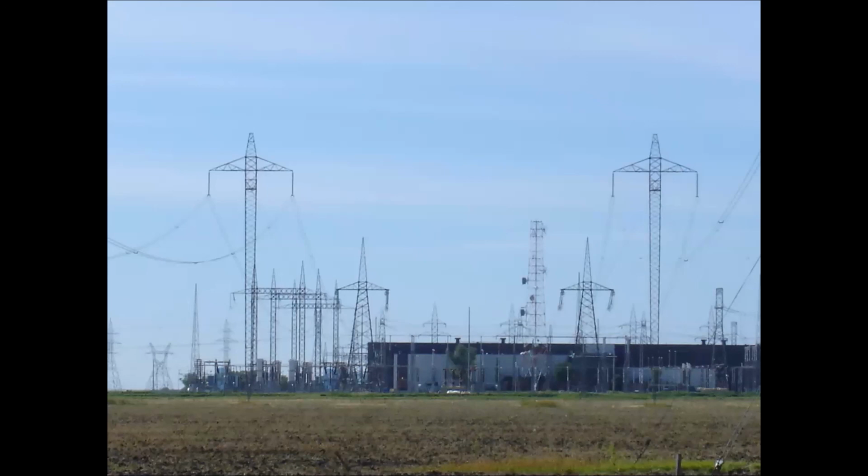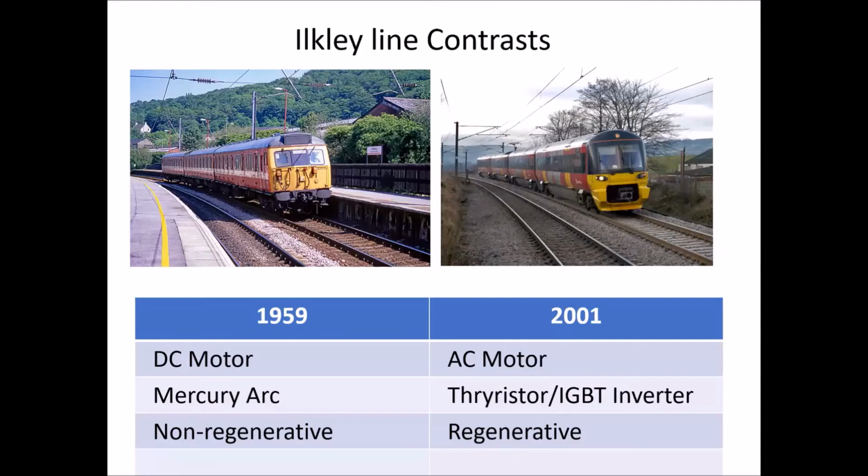Nearer to home, I'm nearly finished. If you were to have been traveling on the Italy trains for 60 years. In 1959, the train would have had a DC motor with a Mercury Arc converter and non-regenerative, i.e. it could not return its coasting energy to the grid supply.